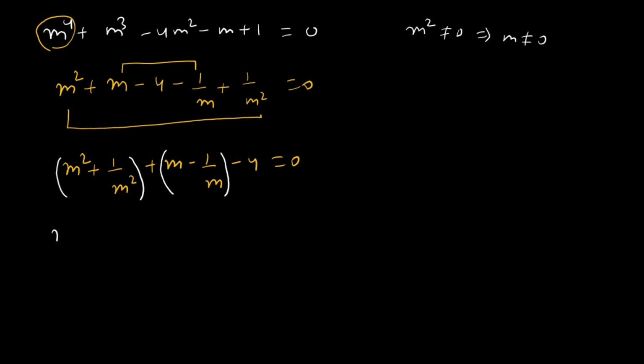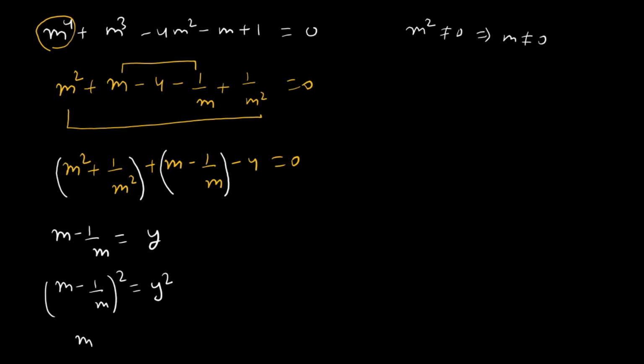If we substitute m minus 1 over m equals y, then if we square both sides, in the left hand side m minus 1 over m bracket power 2 equals y square, and here we will apply a minus b whole square.